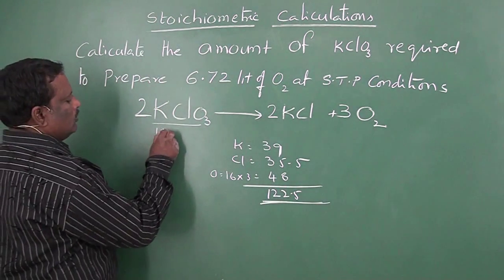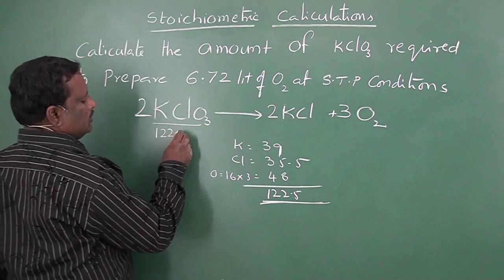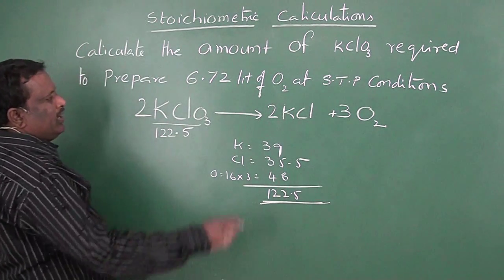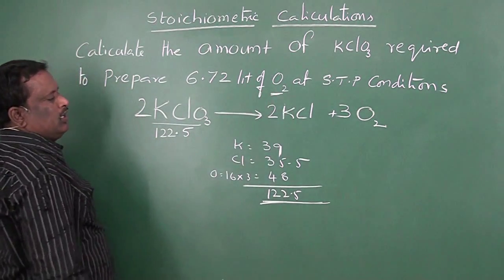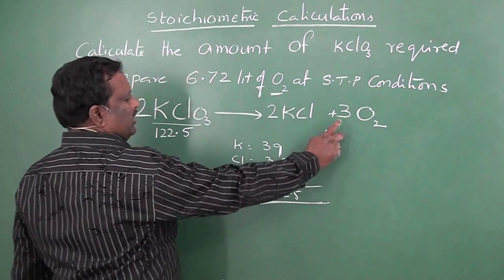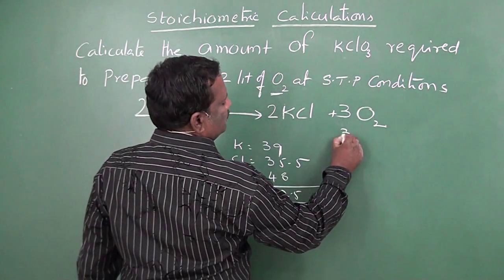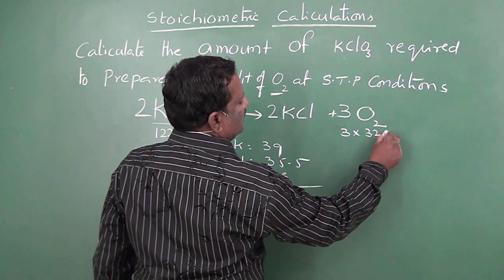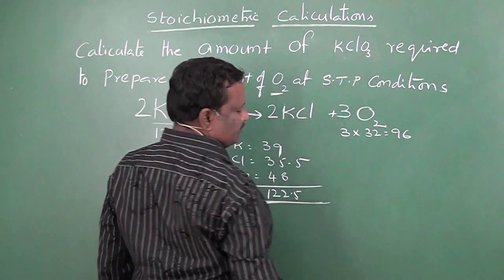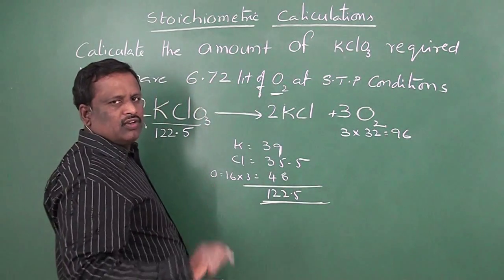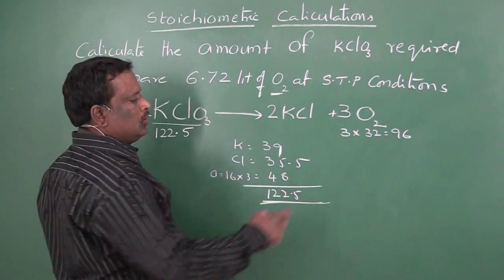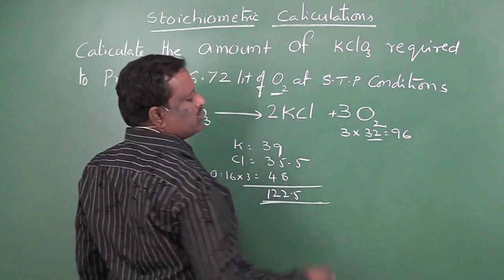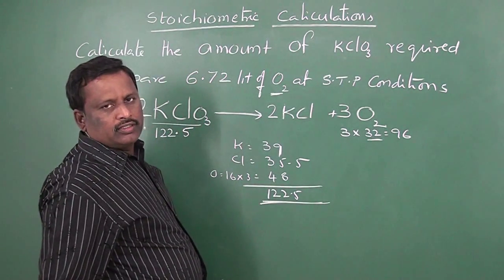Now they are asking the volume of oxygen from KClO3. Here 3 into 32, that is 96, is the total mass of oxygen. If you want to know the volume, 32 grams of oxygen will occupy 22.4 liters.